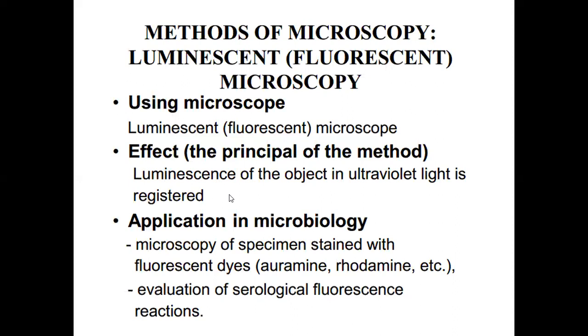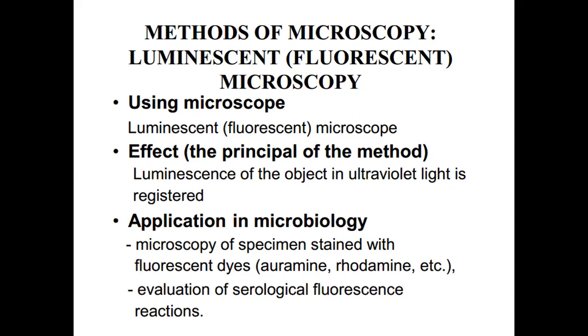And luminescent microscopy. In this way, we use specific luminescent microscopy, and the luminescence of the object under ultraviolet light is registered. So we use ultraviolet light, not usual white light.